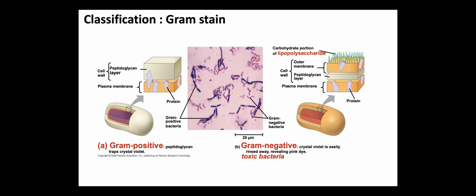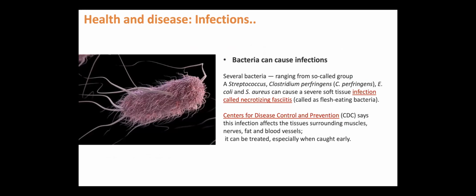The differences between these two, gram-positive and gram-negative bacteria, are very important when you're talking about antibacterial resistance. To first know what antibacterial resistance is, we have to first note that these bacteria can cause numerous infections in our body.